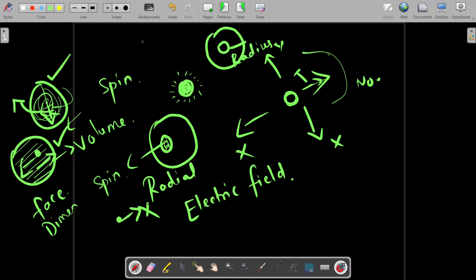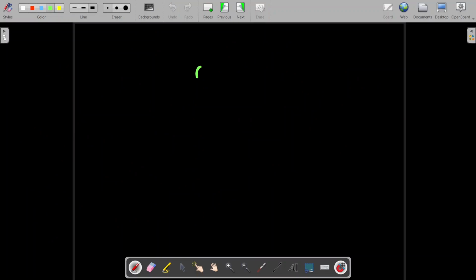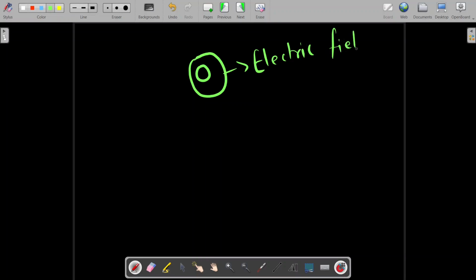A spinning electric field like this. When the electron is stable and has its spin, the electric field just spins.